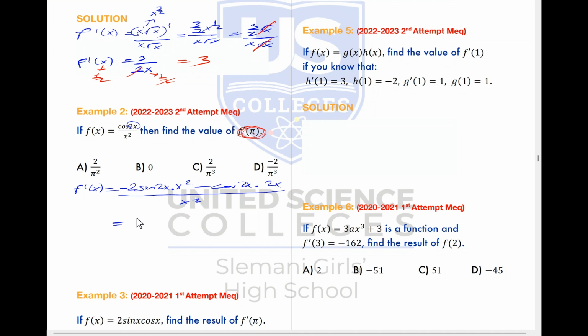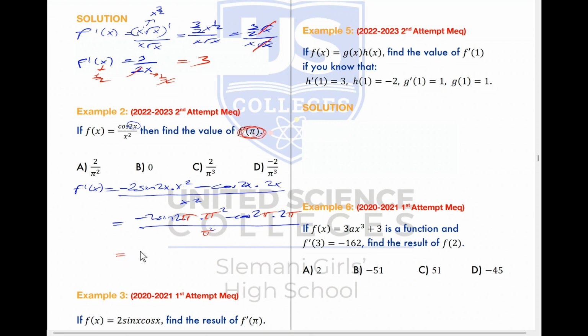So we have negative 2 sine 2 times pi times x squared, which is pi squared, minus cosine 2 pi multiplied by 2x, which is 2 pi, all over x squared, which is pi squared.